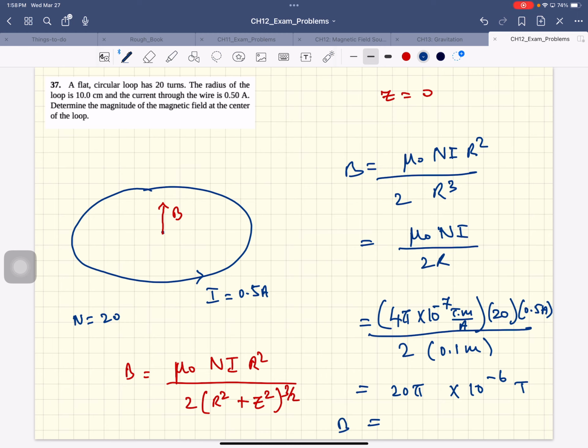B is 20 pi microtesla. And pi is 3.14, so that's roughly 63 microtesla.